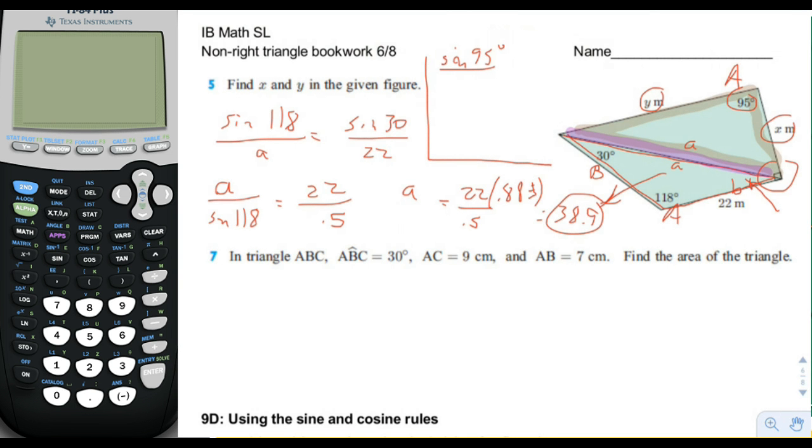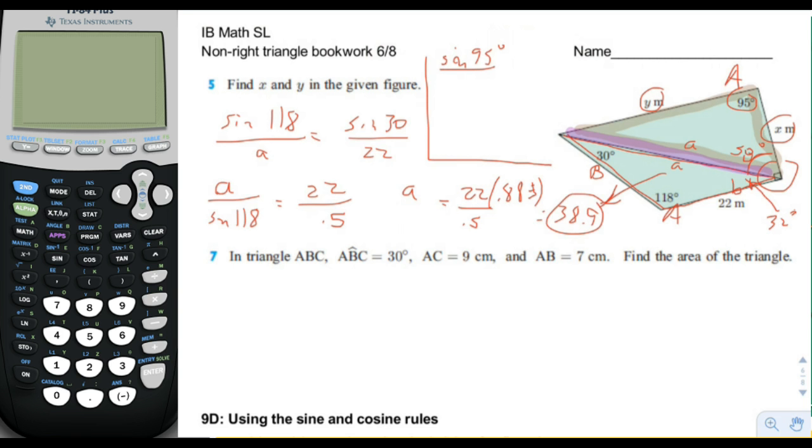We take 180 and subtract the two angles that are shown, 30 and 118, which add up to 148. If I subtract that from 180, I get 32. So the angle here is 32 degrees. And the complementary angle, which adds up to 90 degrees, is going to be 58 degrees. So we just found that that angle there is 58 degrees.